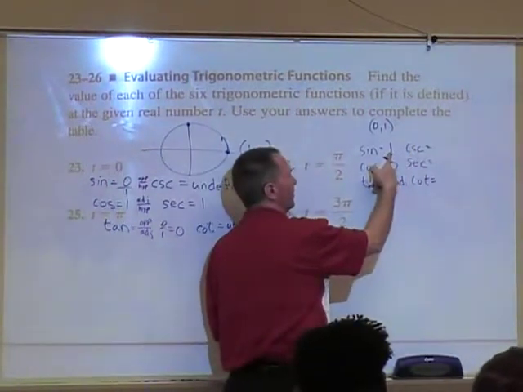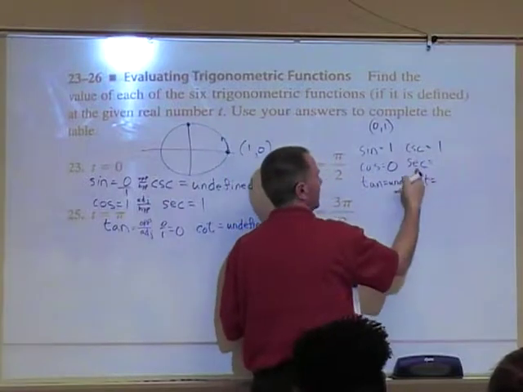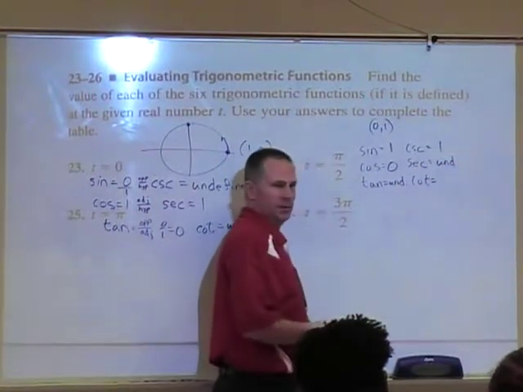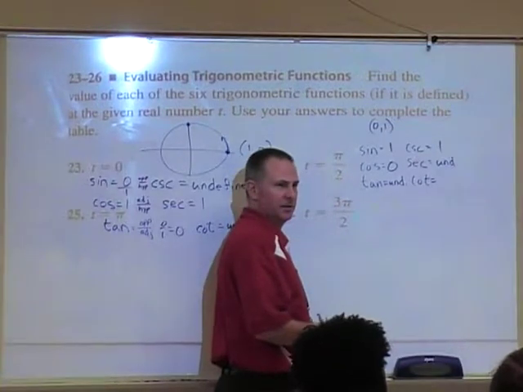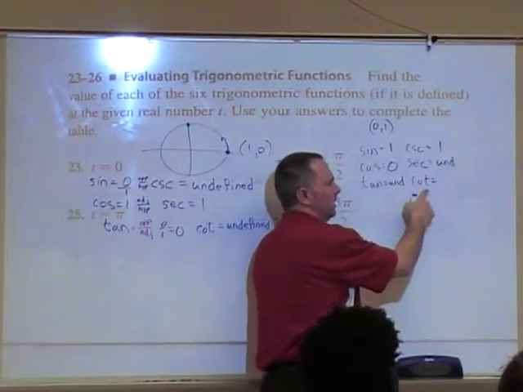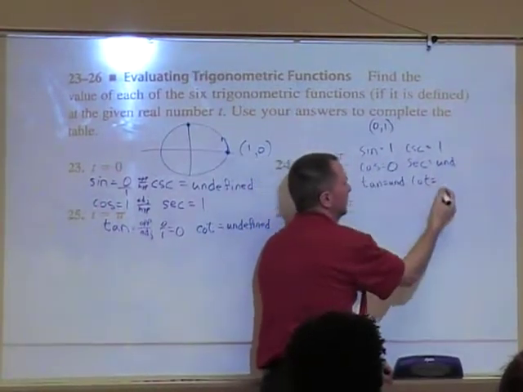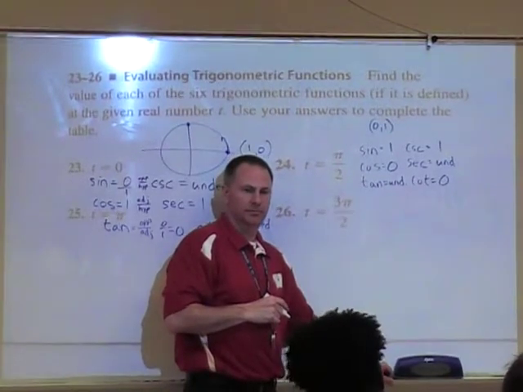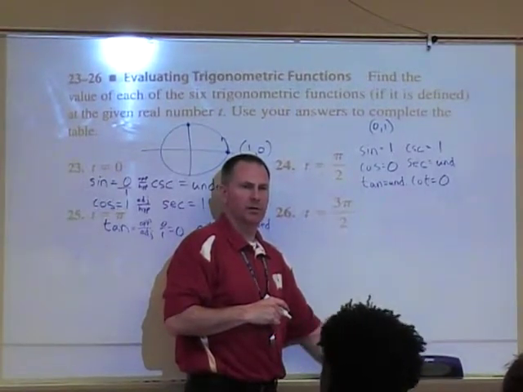Cosecant is the reciprocal of this, which is 1. Secant is going to be undefined, 1 over 0. Cotangent is going to be x over y, 0 over 1, or 0. Wow. We got them all right.